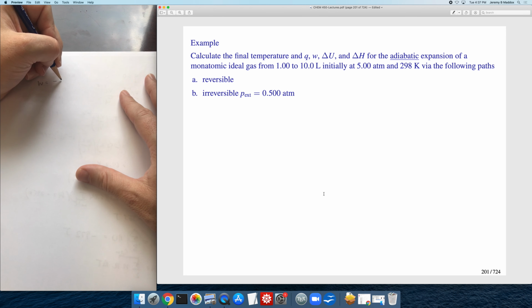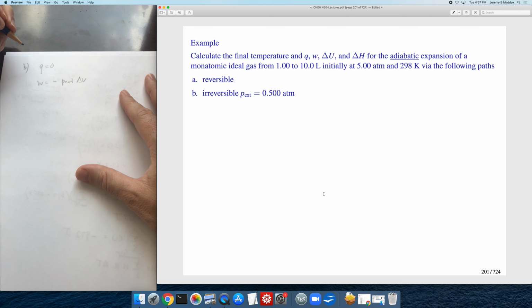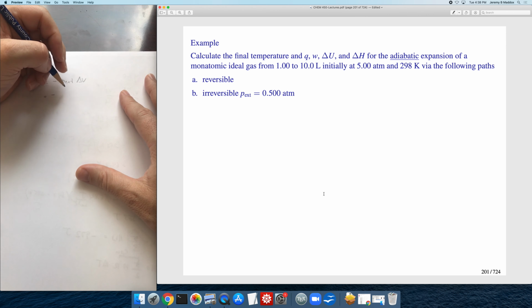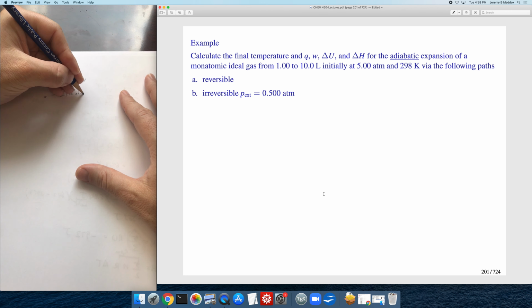Work will be minus PEXT times the delta V for this problem. Right? This is PV work against a constant external pressure. So it's minus, we've got 0.500 ATM.